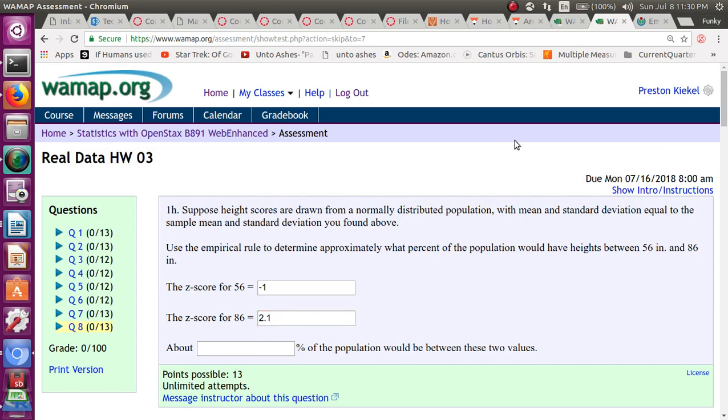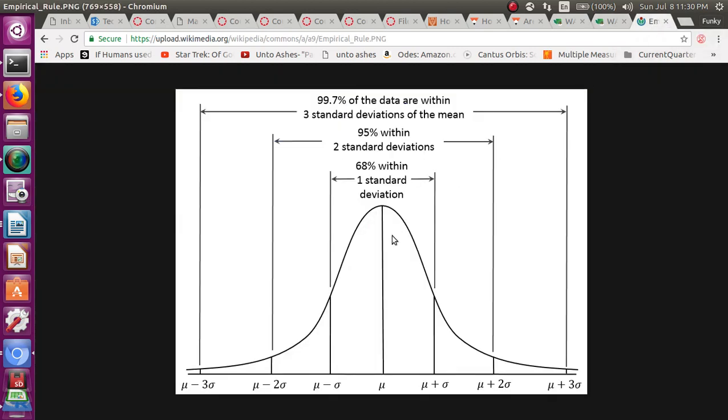So, what area under the curve is that? Looking at the empirical rule, that's the area between a z-score of negative 1 and a z-score of positive 2. So 68% of the curve is between negative 1 and positive 1. 95% of the curve is between negative 2 and positive 2. What we're doing is a z-score from negative 1 to 0, which has a 34% area, and a z-score from 0 to 2, which has half of 95%.